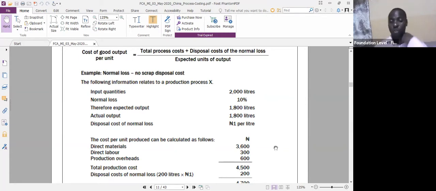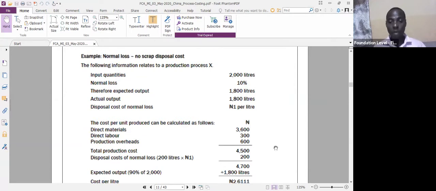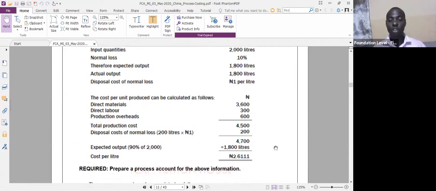It gives you 200. So that is your scrap value. When you add that to your production cost, it means that you have 4,700 expected output to result.